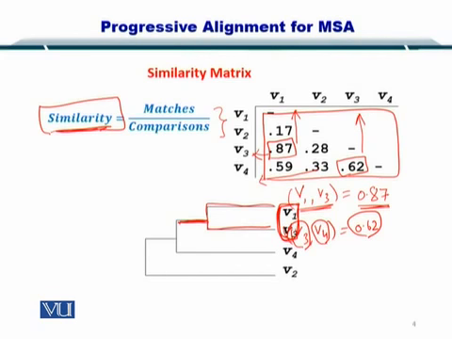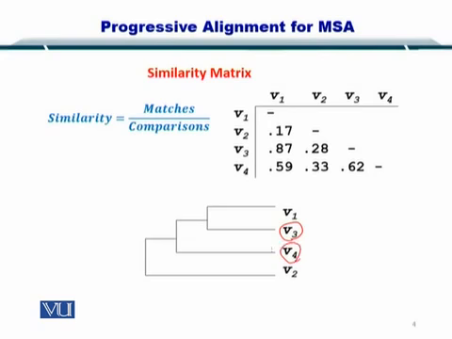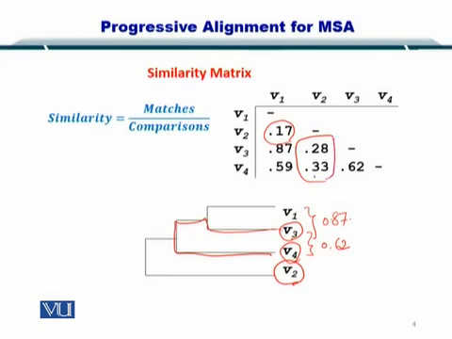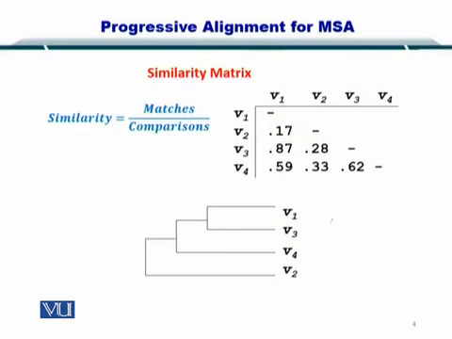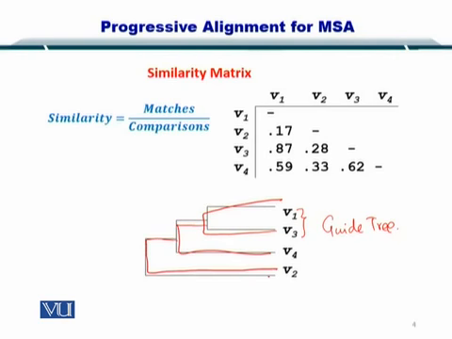So V3 is here and V4 is next to V3. And in the end, you have V2, which scored the least in comparison to the other sequences. In this way, you have constructed something called a guide tree, and you have put the most similar sequences on the same branch, followed by other sequences that are increasingly different from them.